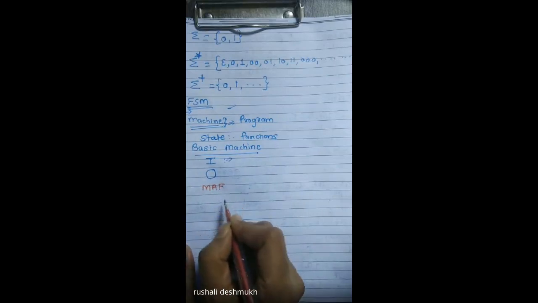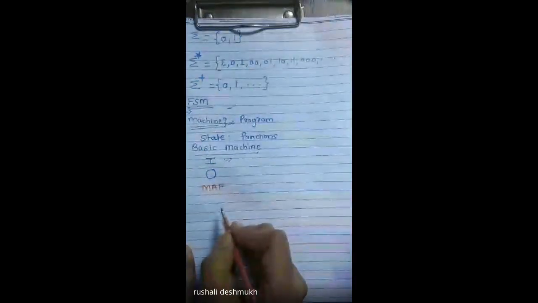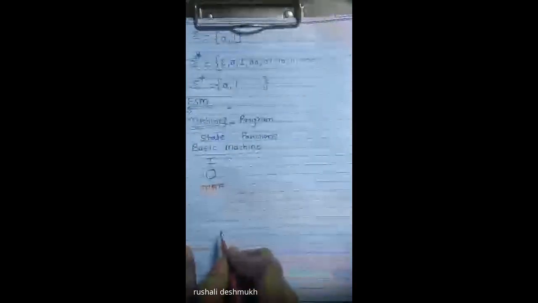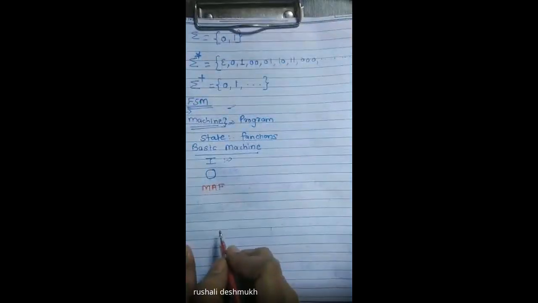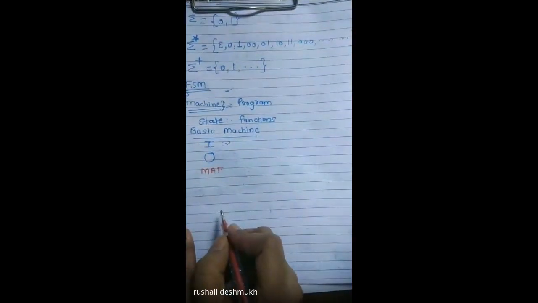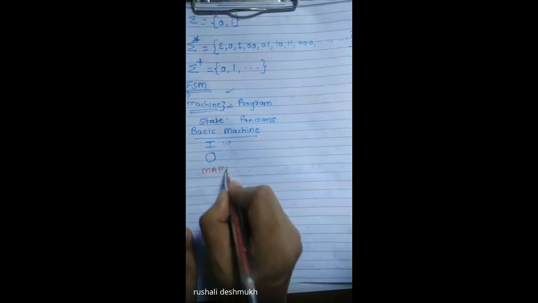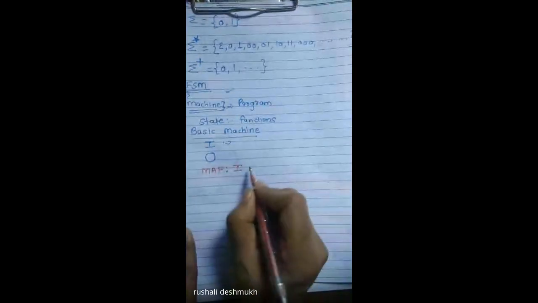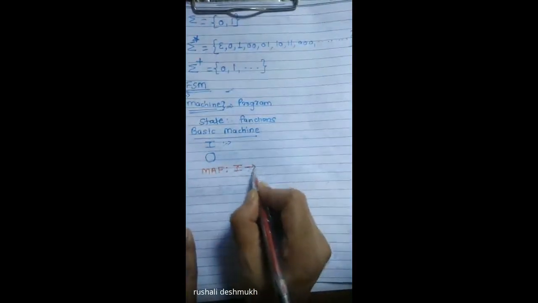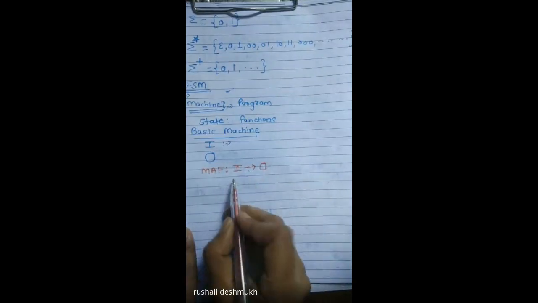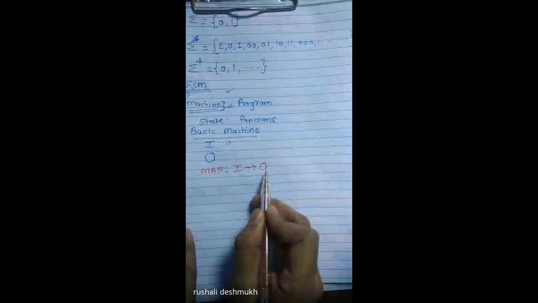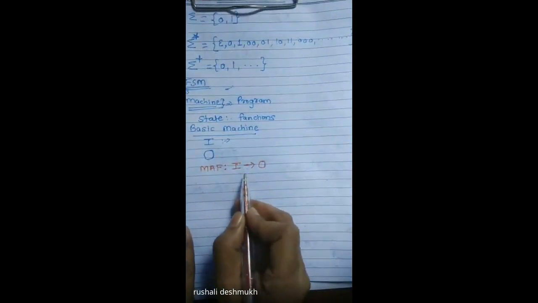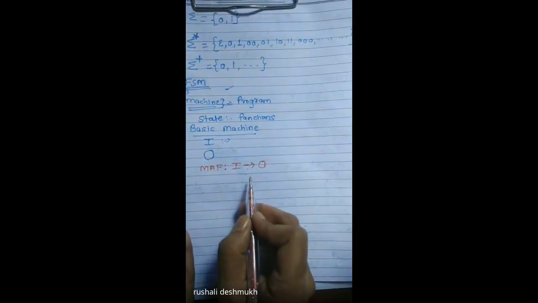Note down: machine function is denoted as MAF, a mapping from I to O. This is how we denote the function. It takes the input from the input set and produces the output. We are not concerned with what is happening inside.